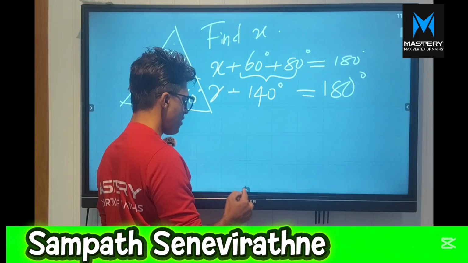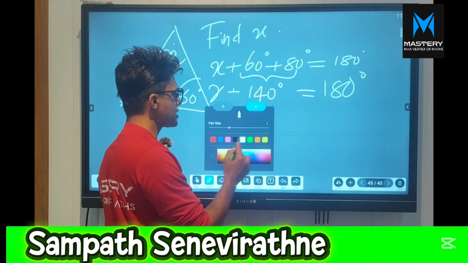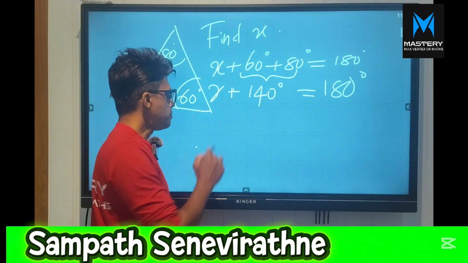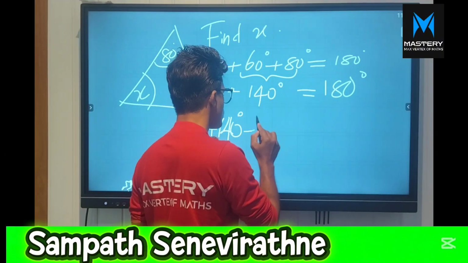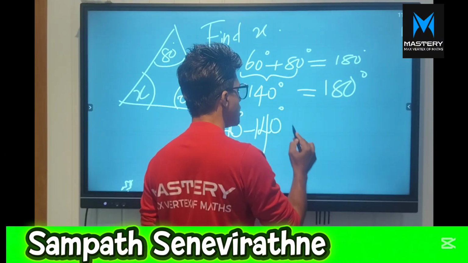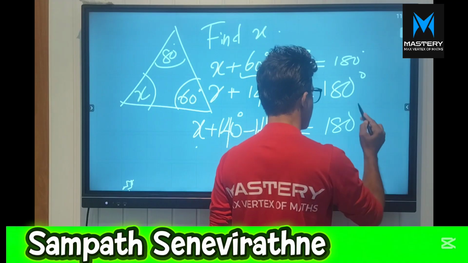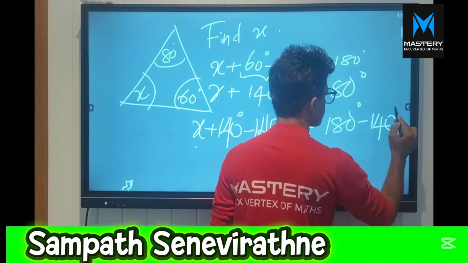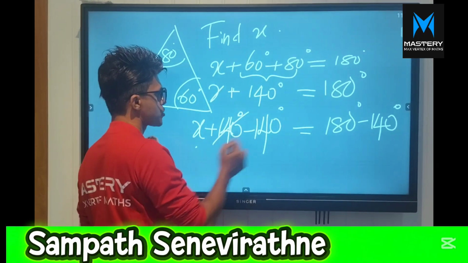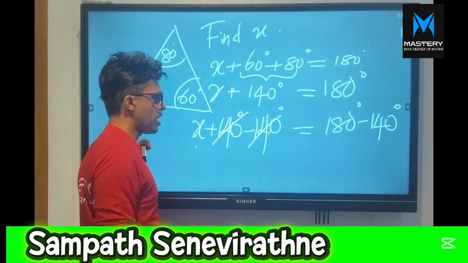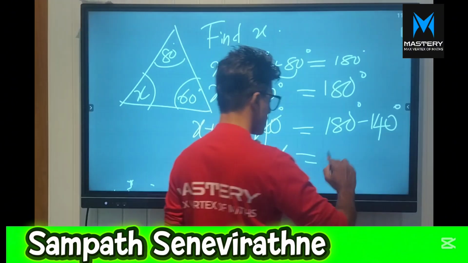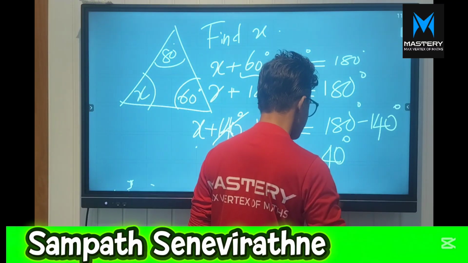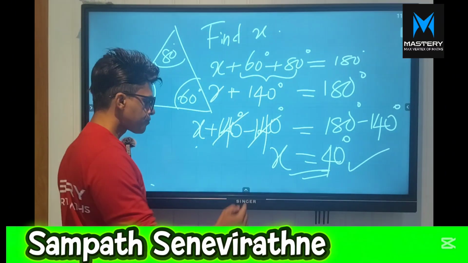Mathematically, since 140 is added on this side, you subtract 140 from both sides. 180 minus 140 is 40, and the plus 140 and minus 140 cancel out. The value of x here is 40 degrees.